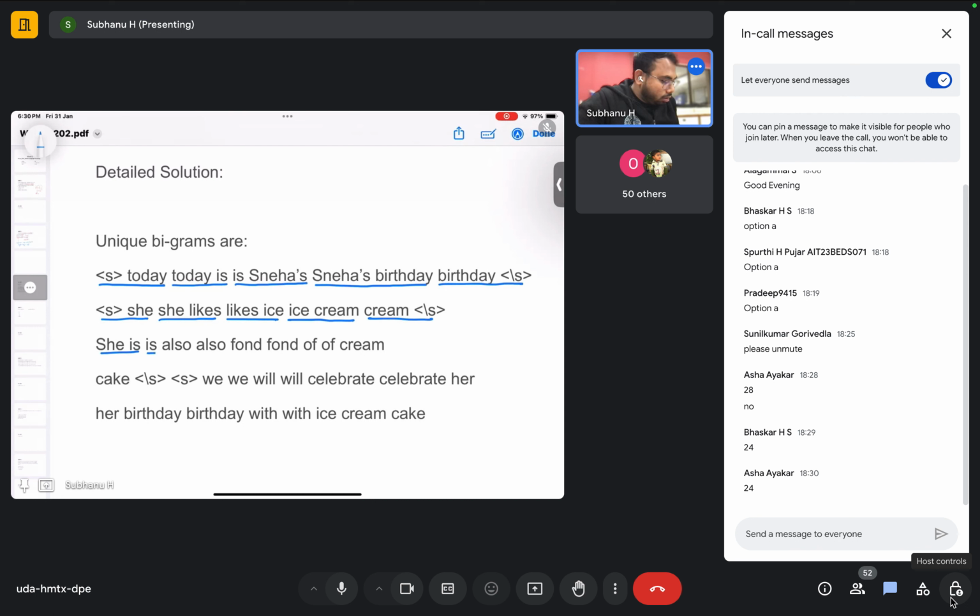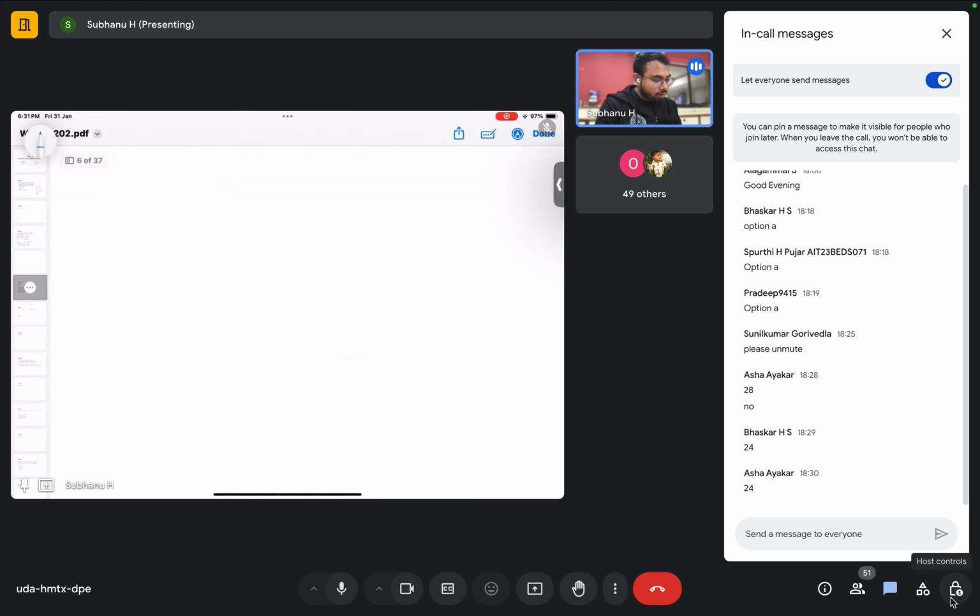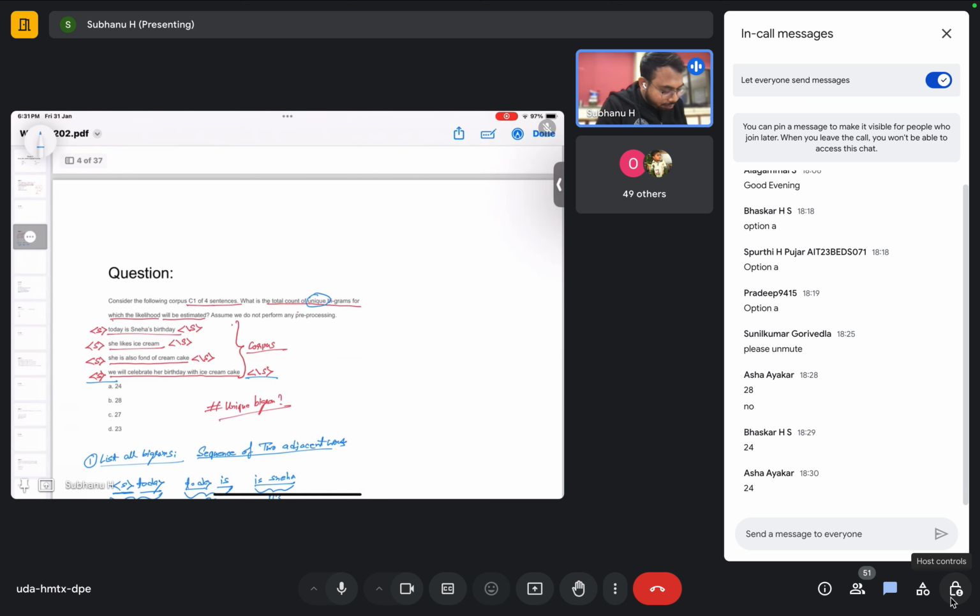"She is also fond of cream." "If she will celebrate her birthday with ice cream cake." So here we have five, five, four. My solution was that it should be 24.